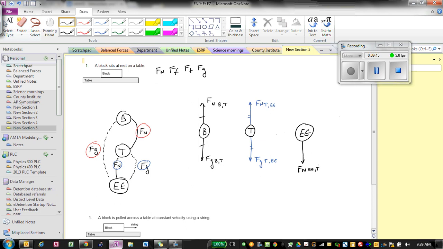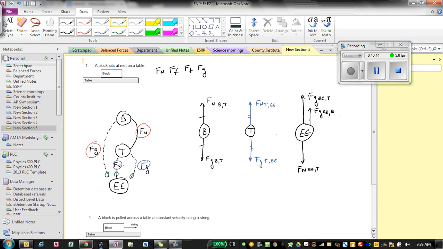And then there would be a gravitational force on the entire Earth by the table, and a gravitational force on the entire Earth by the box. All right, and you can see that we've already decided that the Earth has to interact by 3 different interactions, those 3 that we had laid out.